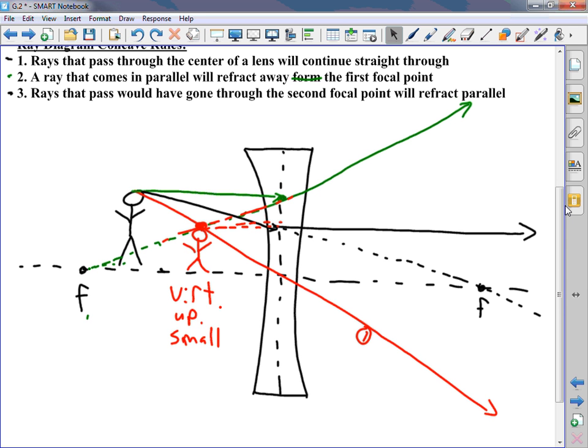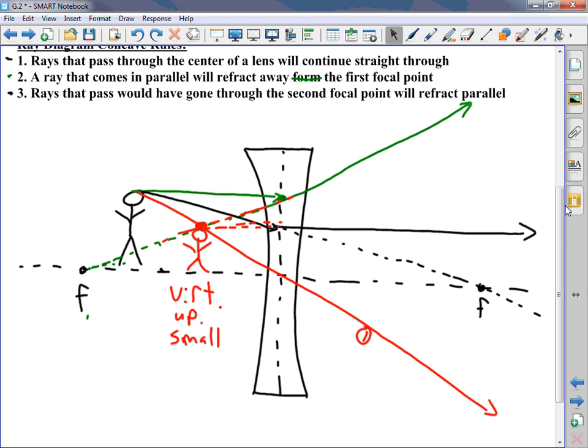Excuse me, I said imaginary previously. If it's outside the focal point, you'll get a real, upside down image. Those two things almost always go together. If it's inside the focal point for a convex lens, you will always get an upright, imaginary image. Those two things go together.